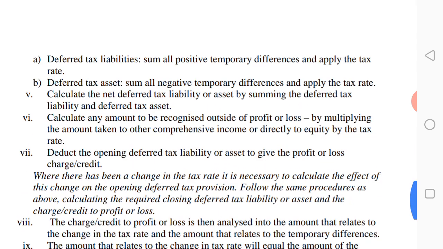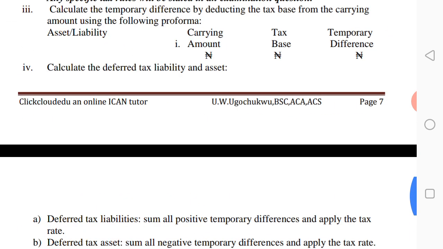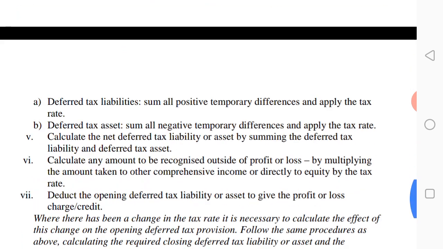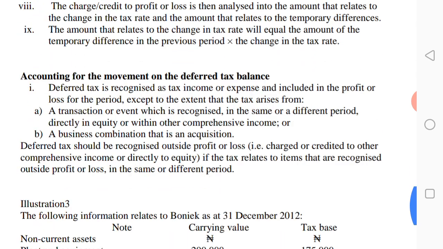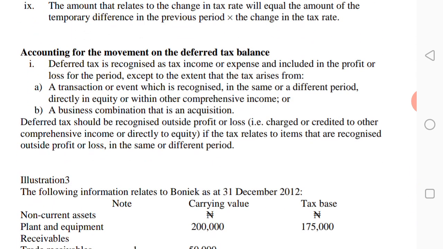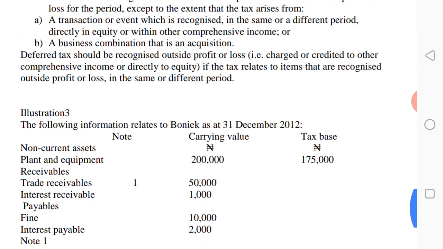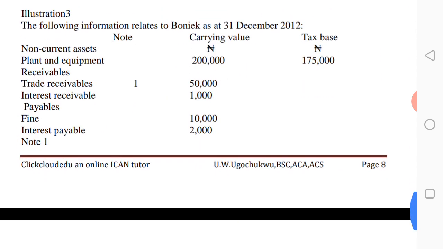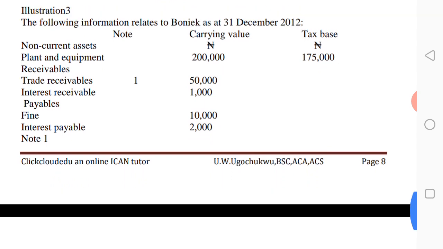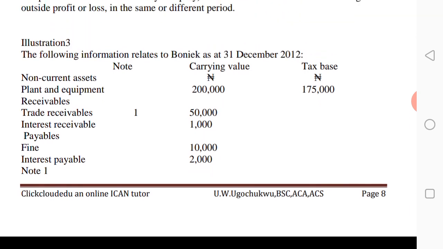Once you have a temporary difference, you multiply with the tax rate, which will lead to either a deferred tax liability or a deferred tax asset. I've also talked about the accounting treatment, the movement in deferred tax balance. So you can also read the note up, understand and ask questions.